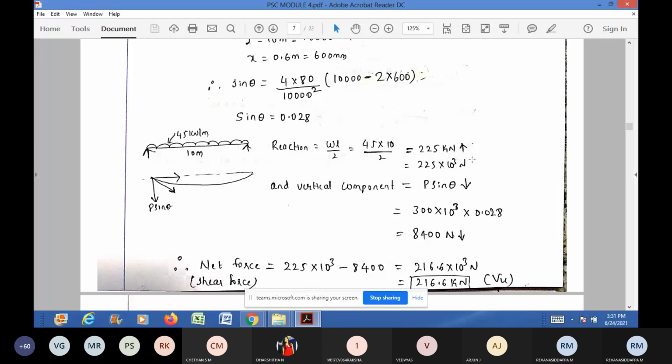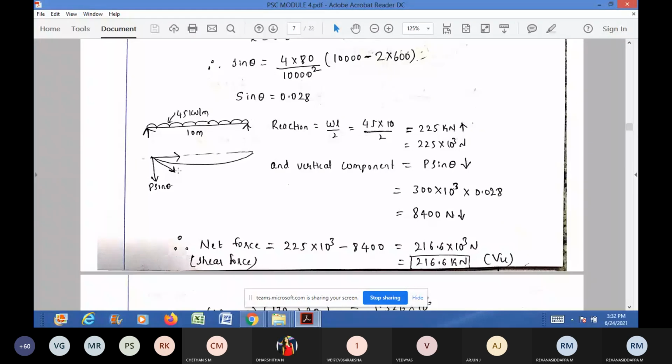You are reading this answer? Yes, sir. Write the figure. Now the shear force at 0.6 meter from the support will be equal to the reaction due to the loading, that is 225 into 10 power 3, minus the vertical component of the pre-stress in the cable, minus P sin theta.